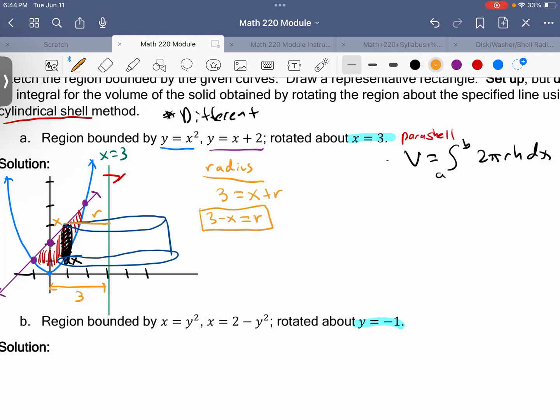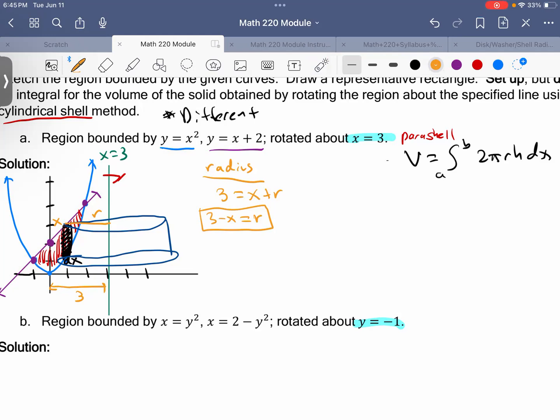And now the height is just our vertical distance. Our vertical distance depends on these two functions and where they are at that certain point. Since our line x plus 2 is on top and our parabola x squared is on bottom, the distance is just the top minus bottom.